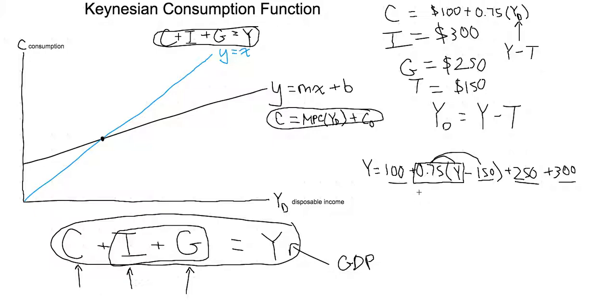And so you'll subtract them from both sides, and eventually you get 0.25 Y equals 100 minus 0.75 times 150, and on and on. That really doesn't matter, but the thing that matters here is that you'll be able to get Y, and that's the equilibrium GDP that you're trying to get.